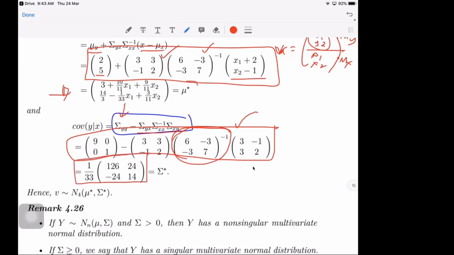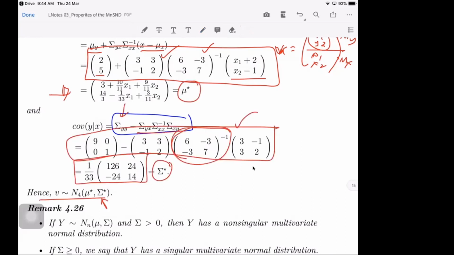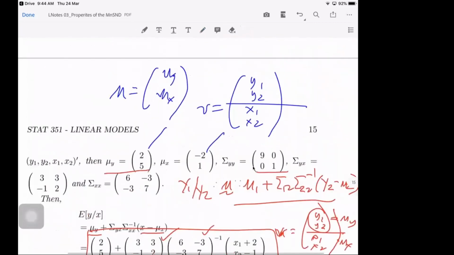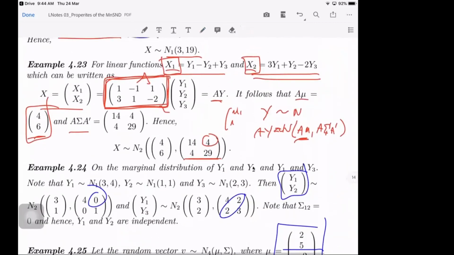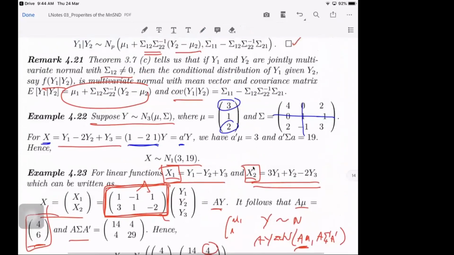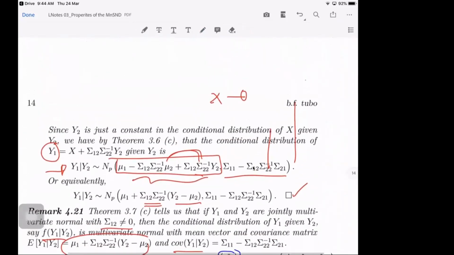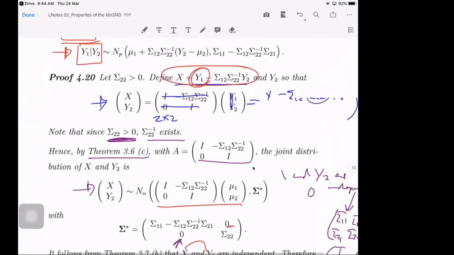So let me call this mu star and this one sigma star, so that V is normally distributed with mean mu star and sigma star. That is the purpose of deriving this result, because you can easily apply this when you have actual data.